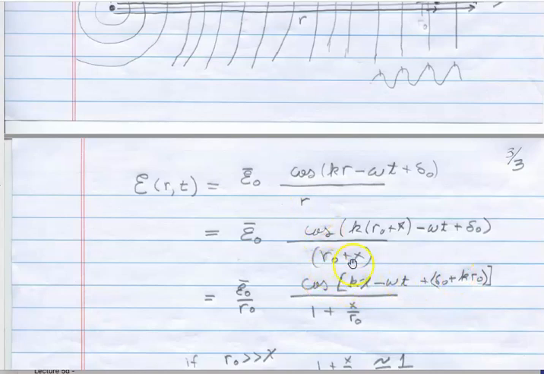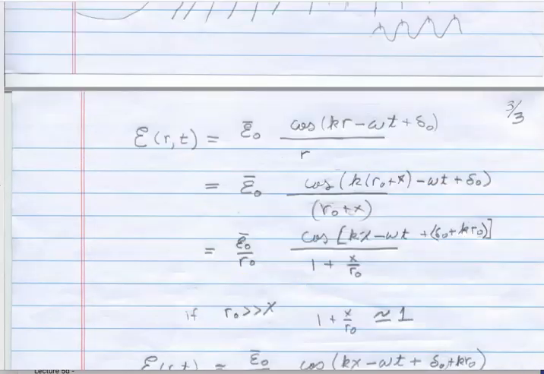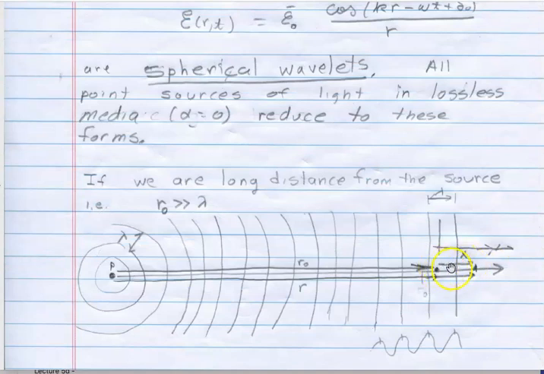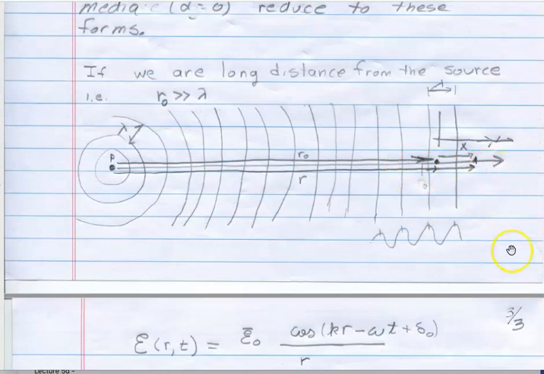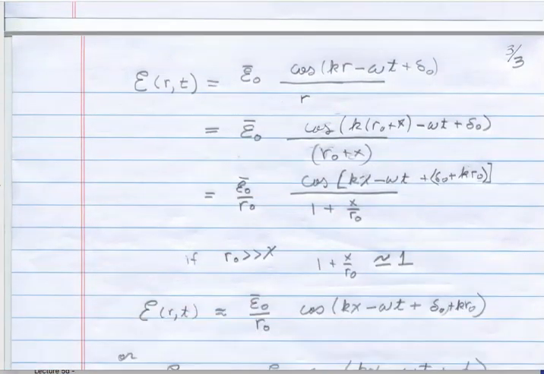And then r is just r naught plus x. And then I factor out the r naught. And now I look at the case where r naught is much, much bigger than x. I'm observing these waves passing by over a distance x. Remember, x is from our coordinate system here, in which they all essentially look like straight line, nice planar waves.